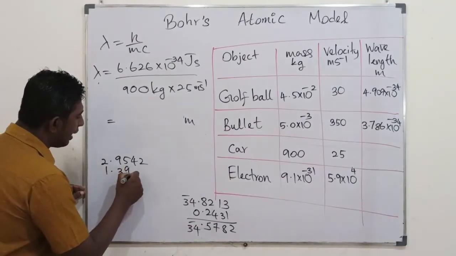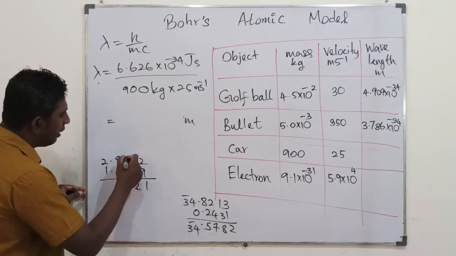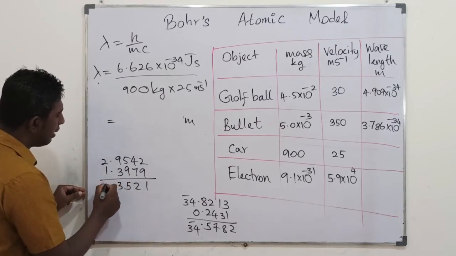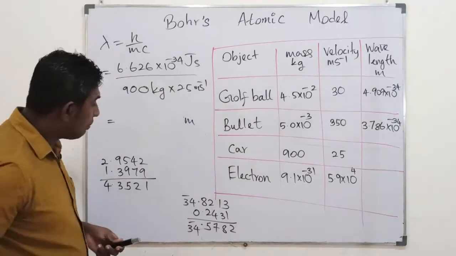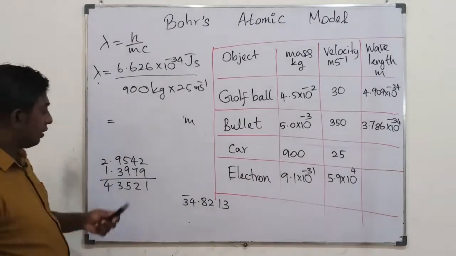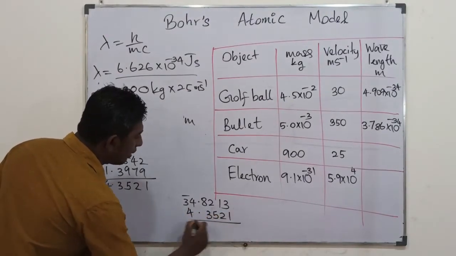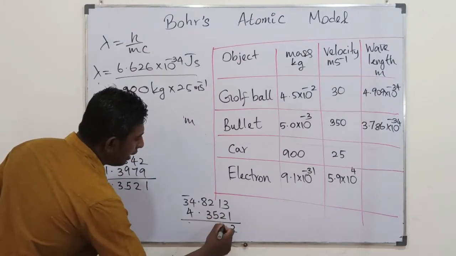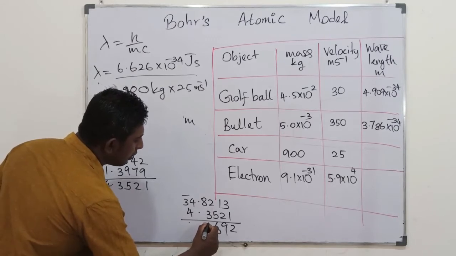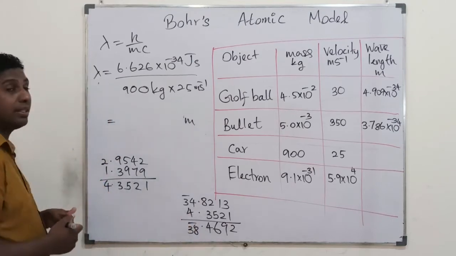So let's add them up. 11, 12, 15, 13, then 4. Then I'm going to subtract that value from this constant, 4.3521. When you subtract, you have 2, 9, 6, 4. So it's bar 38 what you get there.